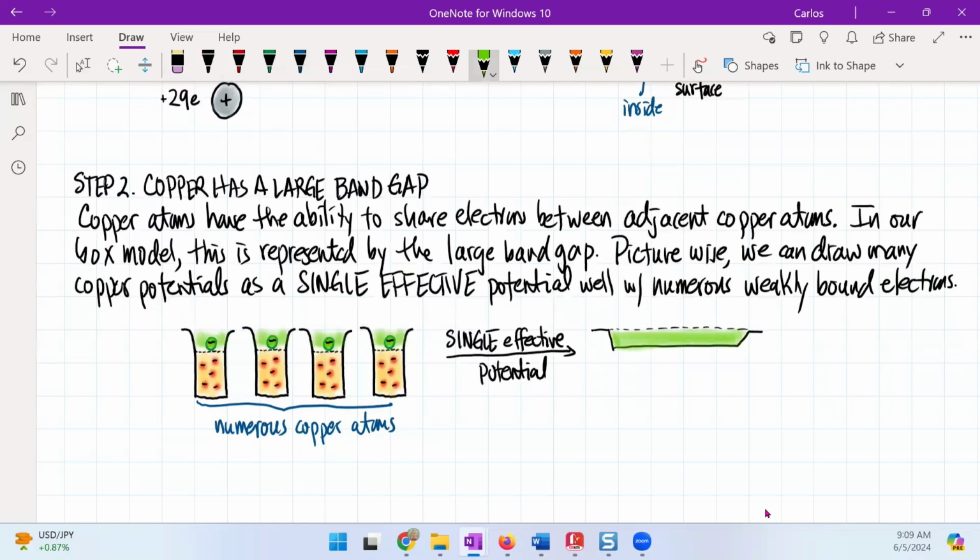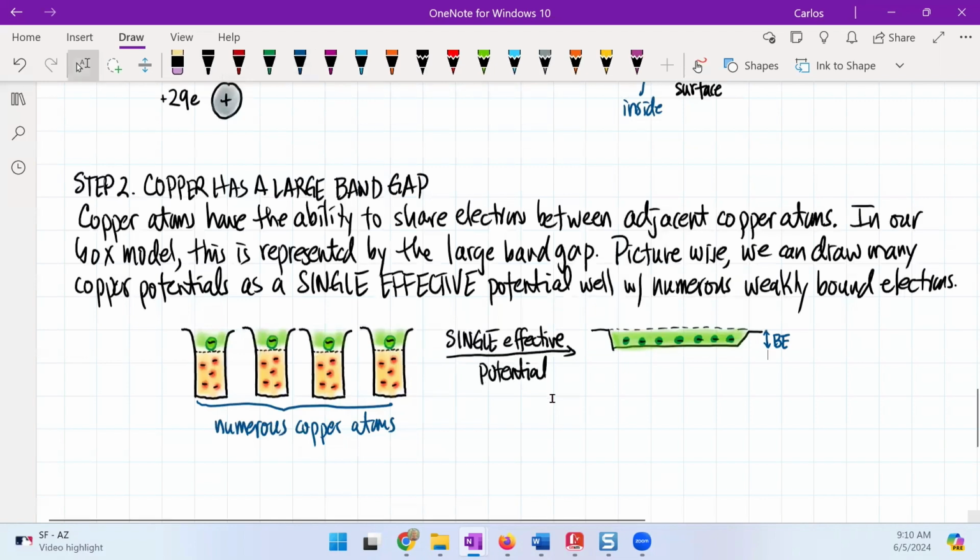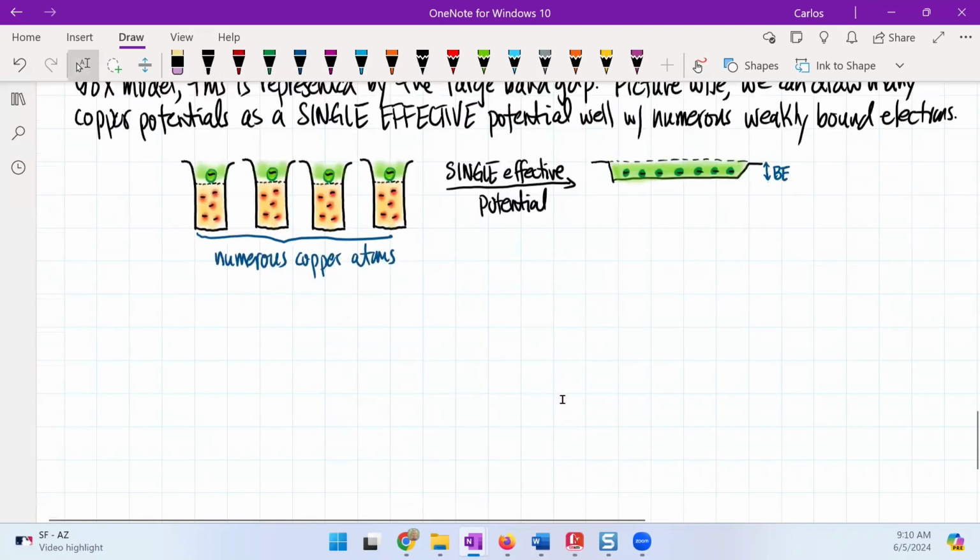So I have a shallow well. And so when I'm looking at these guys, you're seeing that I have numerous electrons in here. And so now that I have these numerous electrons, they, in the end, show that they have a tiny binding energy right there. So that's what I call a conductor.